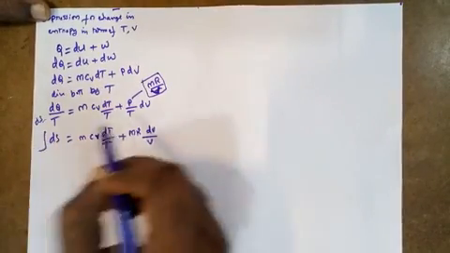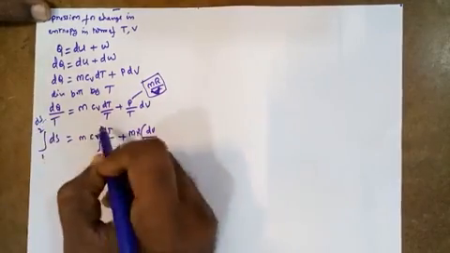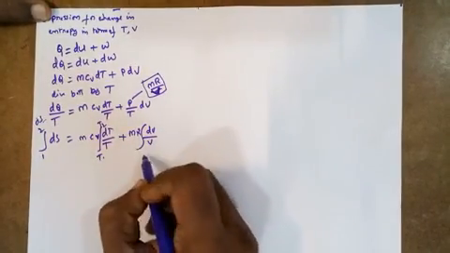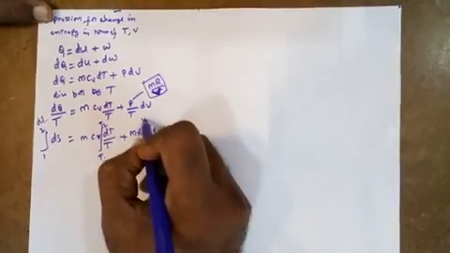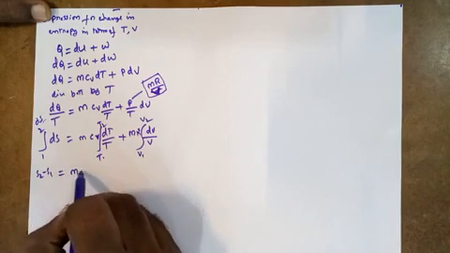From this, you can integrate from T1 to T2 and V1 to V2, from initial state to final state, that is S2 minus S1 is equal to m Cv.